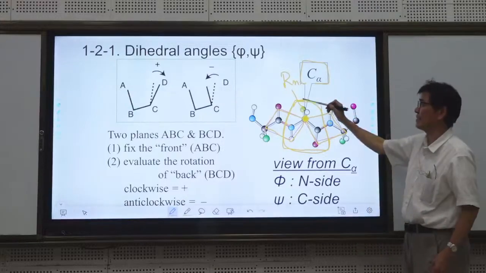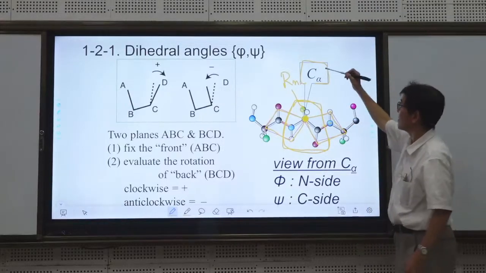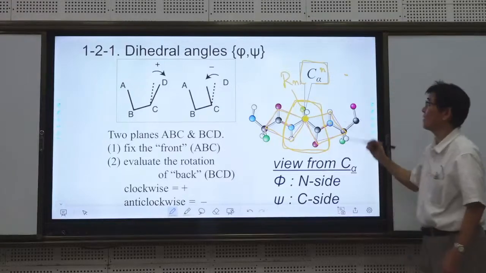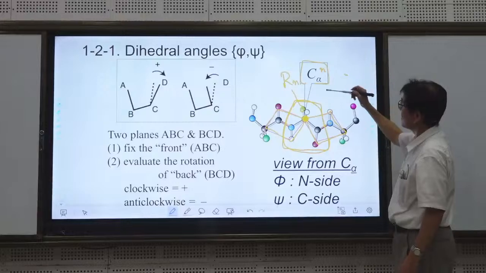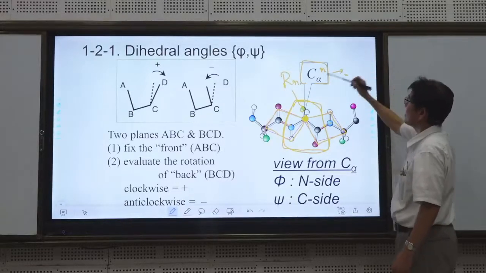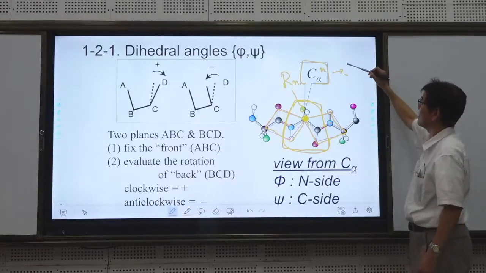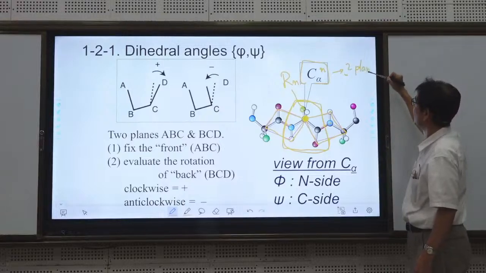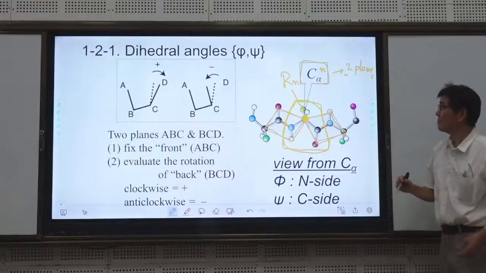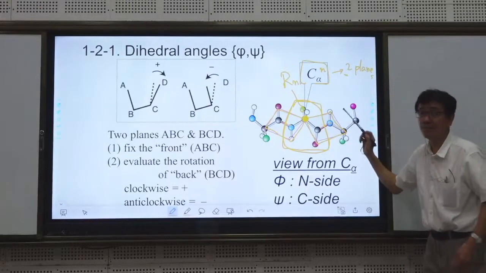So let's consider this is the nth amino acid, then this is nth carbon alpha. Then for this carbon alpha, two planes we can define.